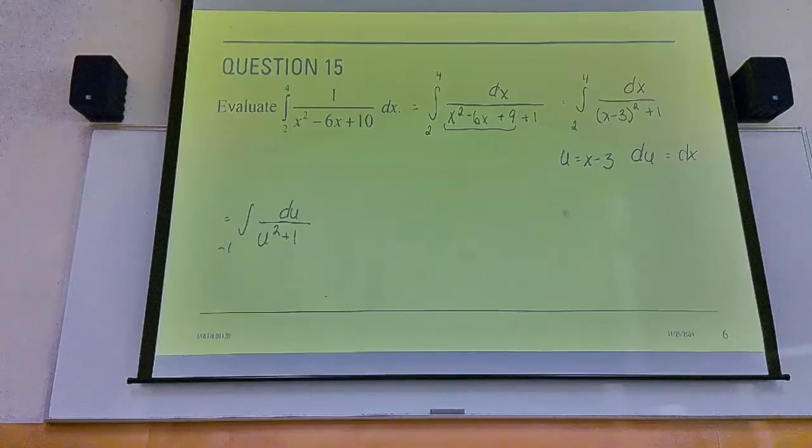What's the new upper limit? What's that antiderivative? We know how to do that.